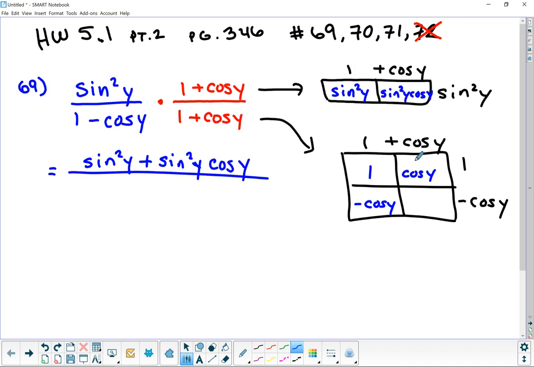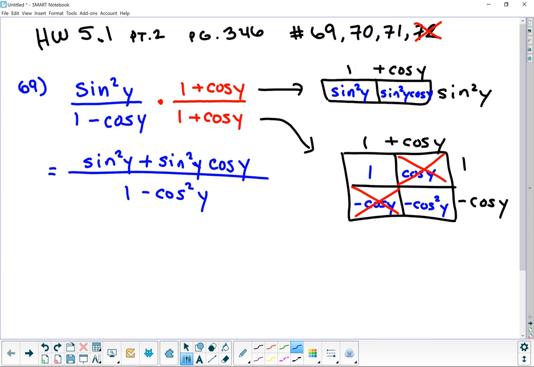And negative cosine y times positive cosine y is a negative cosine squared y. You notice these two are going to cancel out, and we will be left with 1 minus cosine squared y.